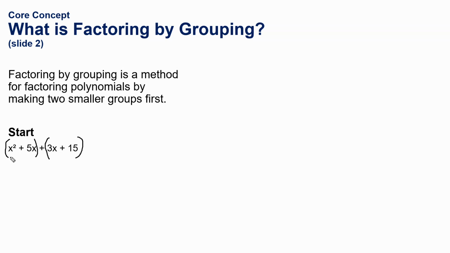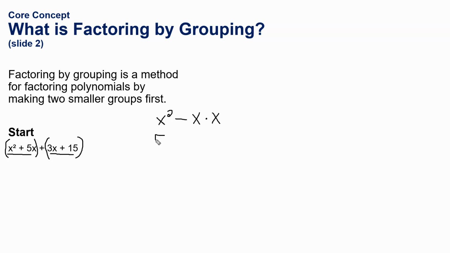Now what we're going to do is factor out the greatest common factor of the x squared plus 5x term and the 3x plus 15 term. So let's first do the x squared plus 5x. x squared, if we expand this out, is x times x.